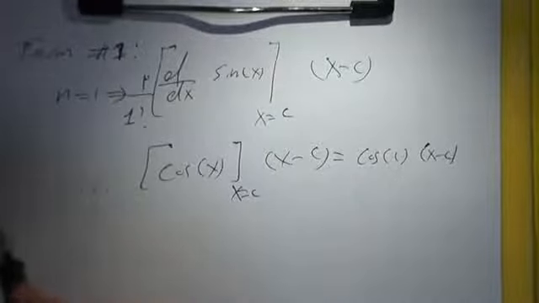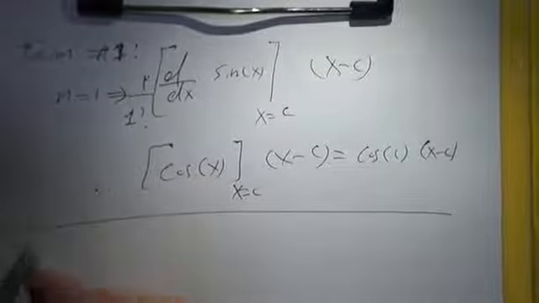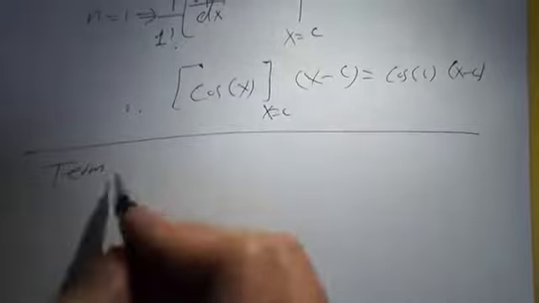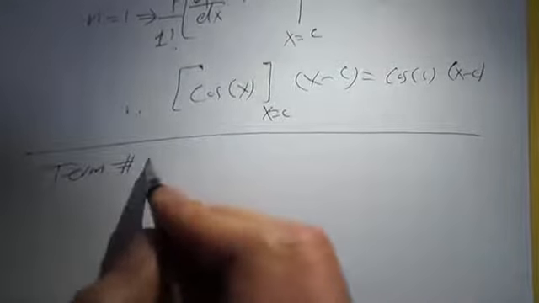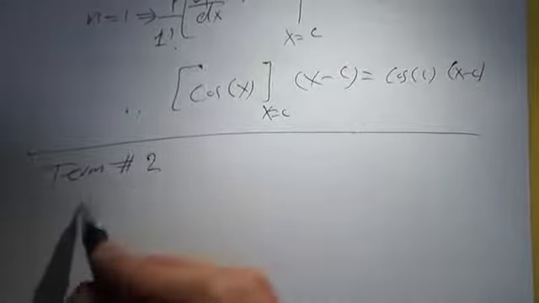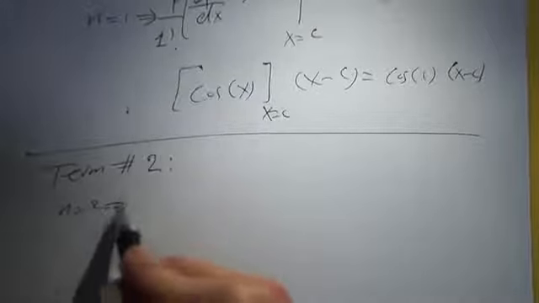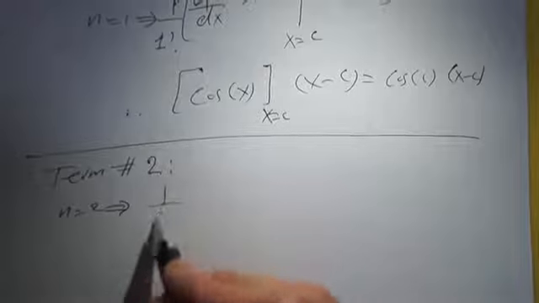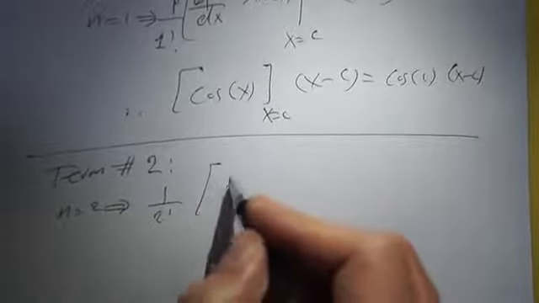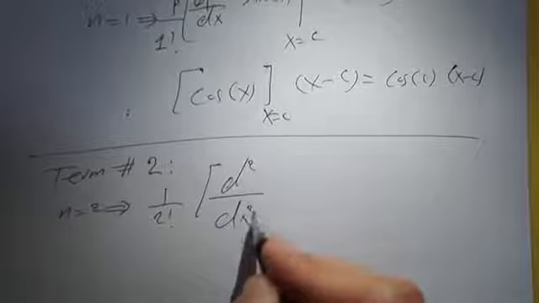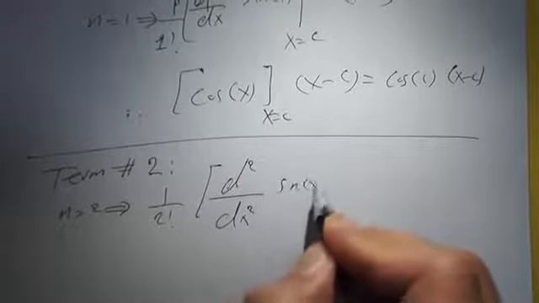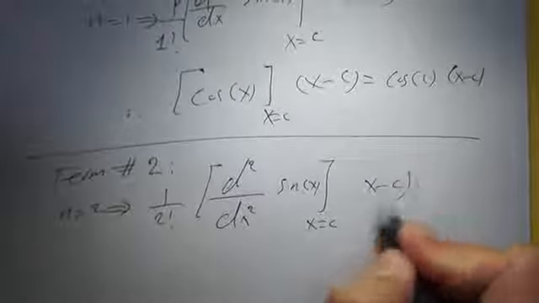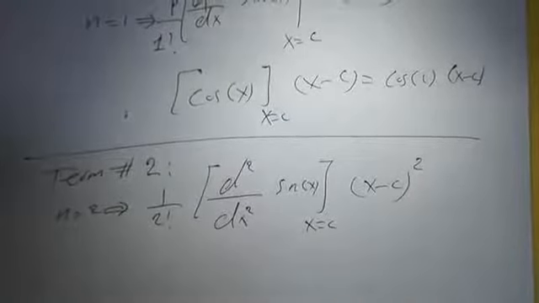Now the next term, term number 2, n equals 2. This means we find the second derivative: 1 over 2 factorial, d squared over dx squared of sin x, at x equals c, times (x minus c) to the power 2.